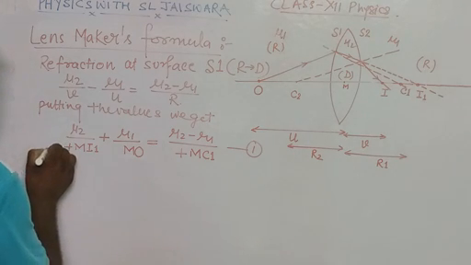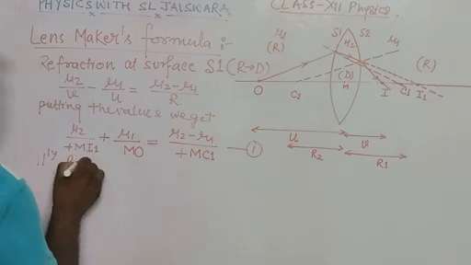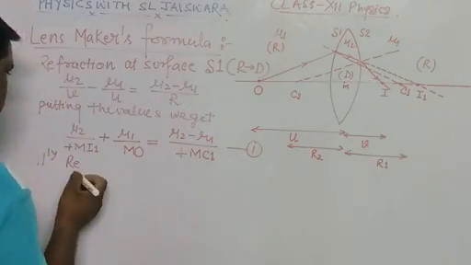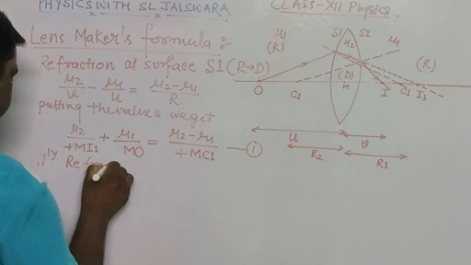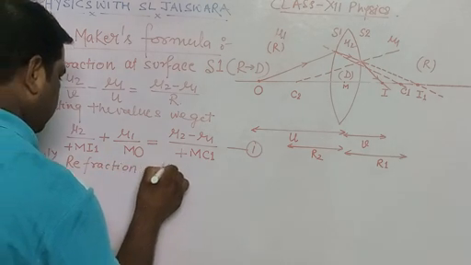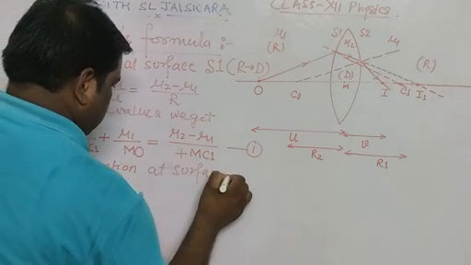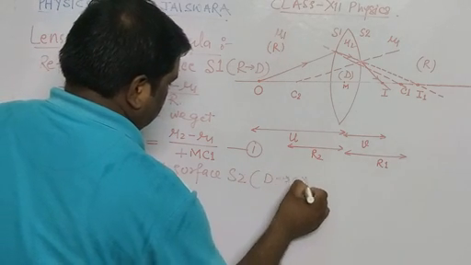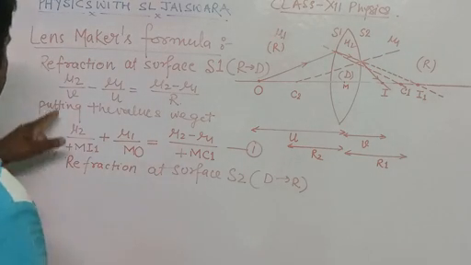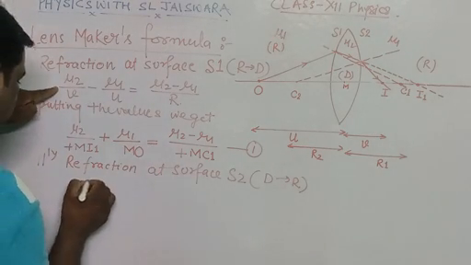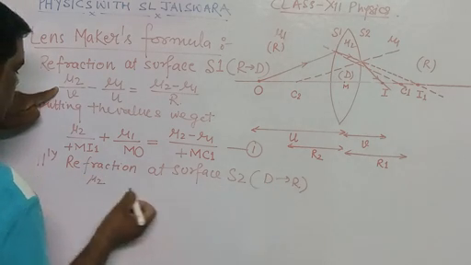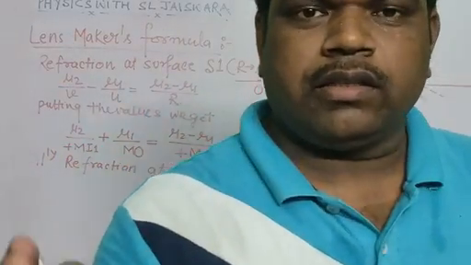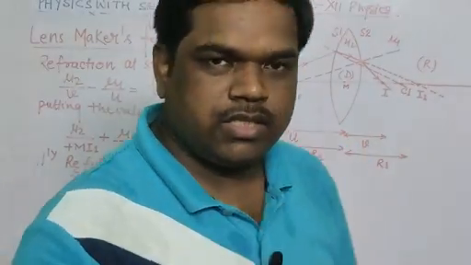Similarly, dear students, we can write refraction at this interface, it is from D to R, that is denser to rarer. So refraction at surface S2, that is D to R, again you have to use the formula for refraction from D to R. In case of refraction from D to R, the refractive indices will interchange with each other.